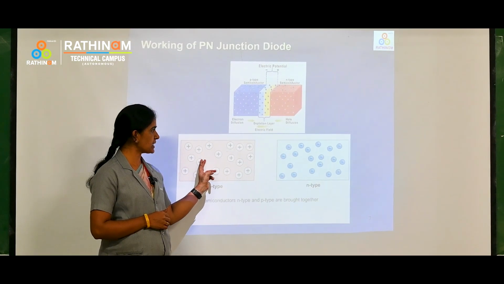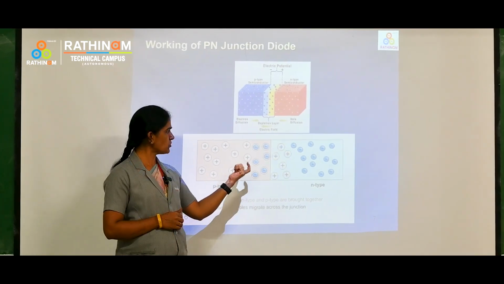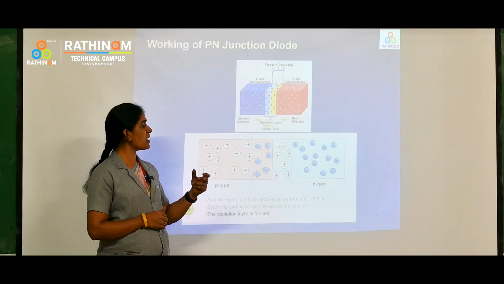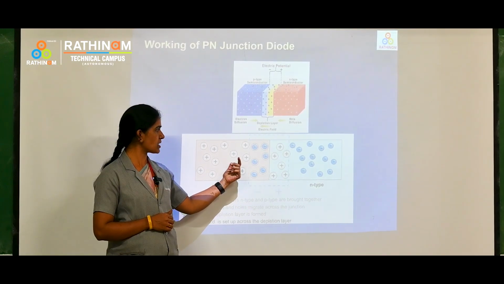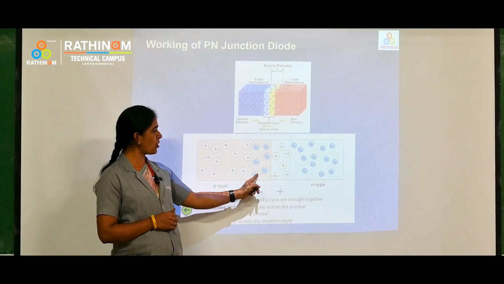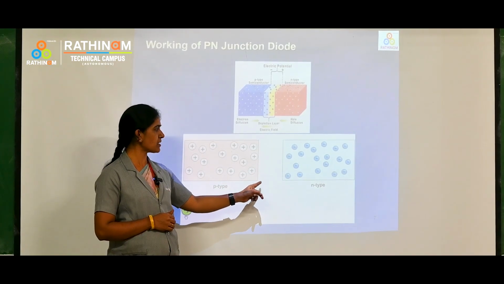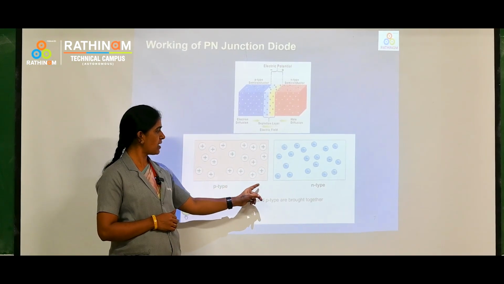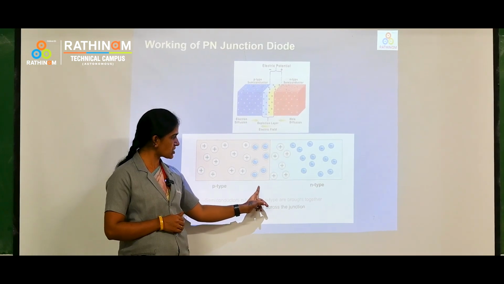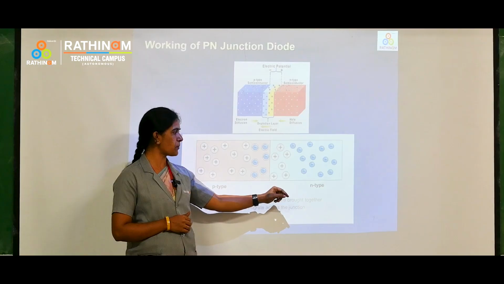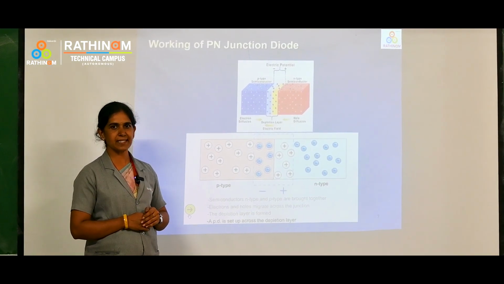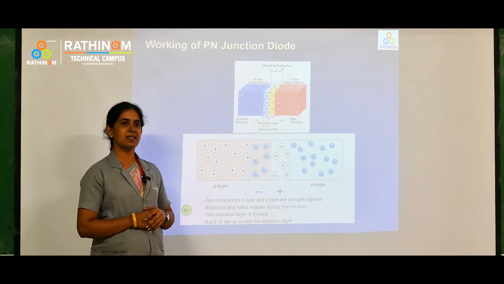When we join p-type and n-type material, due to the diffusion difference across the material, the majority carriers like holes and electrons diffuse across the junction and form ions. These ions collect across the junction and the layer is called the depletion layer, and the voltage difference across the depletion layer is named the barrier potential. This barrier potential is 0.6 volt for silicon and 0.2 volt for germanium.